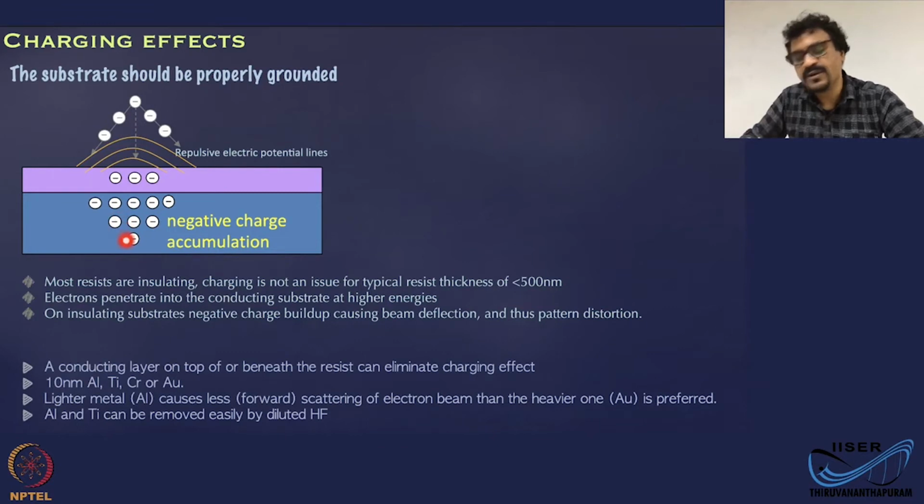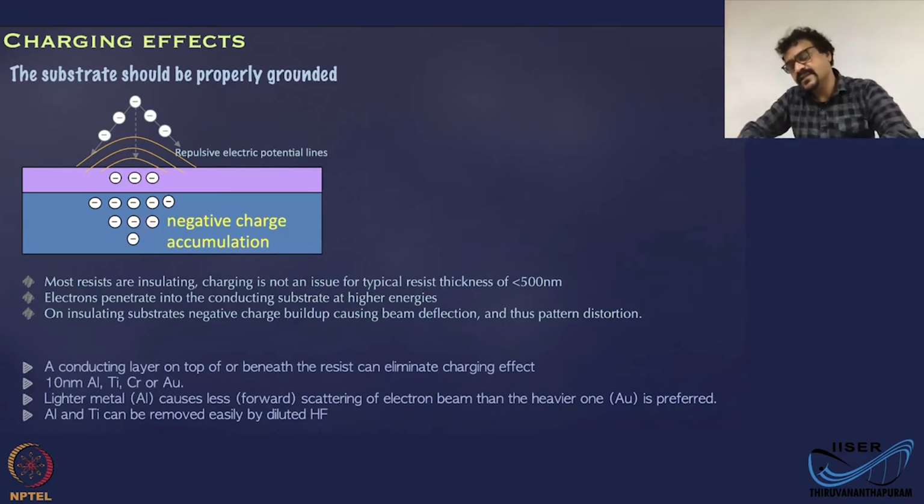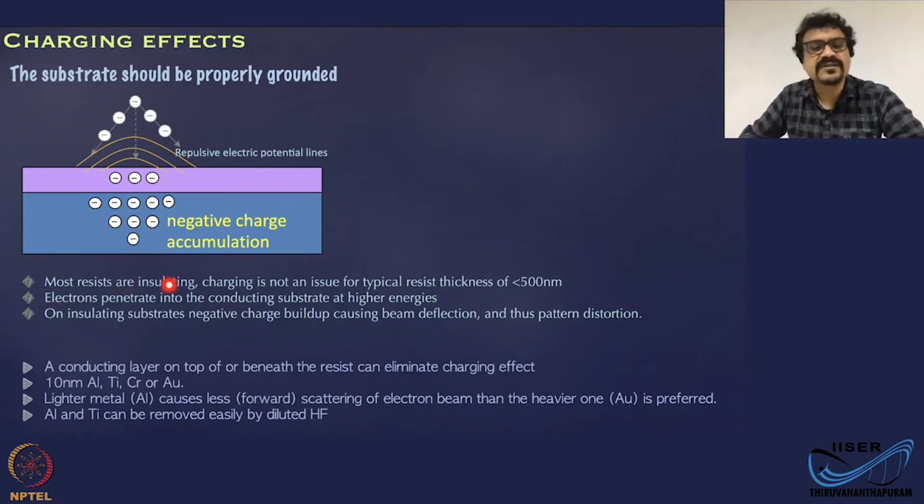So you cannot directly write onto any substrate which is highly insulating or even semi-insulating, because the charging effect is going to affect your resolution and also the pattern feature. So you need some kind of mechanism to remove this charge as soon as it falls on the substrate. But generally, most of the resists are actually insulating.